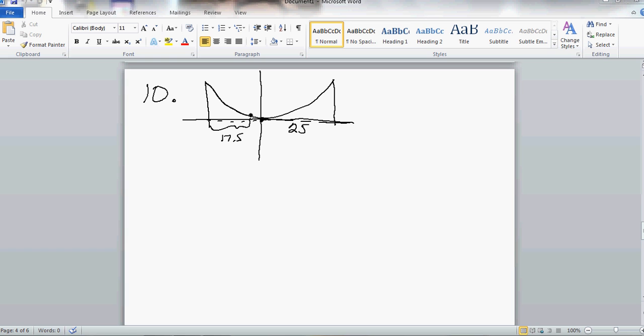If it's 17.5 here, and it's 25 all the way, this would be negative 7.5 for the x, and the y value would be 0.56. So that point is on the graph, as is a few others.